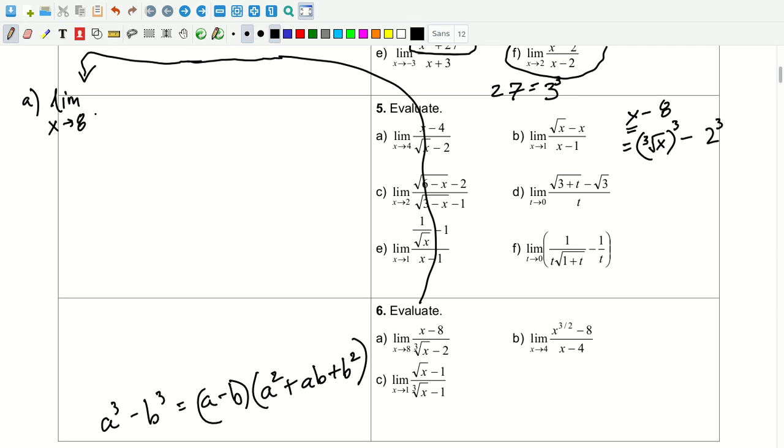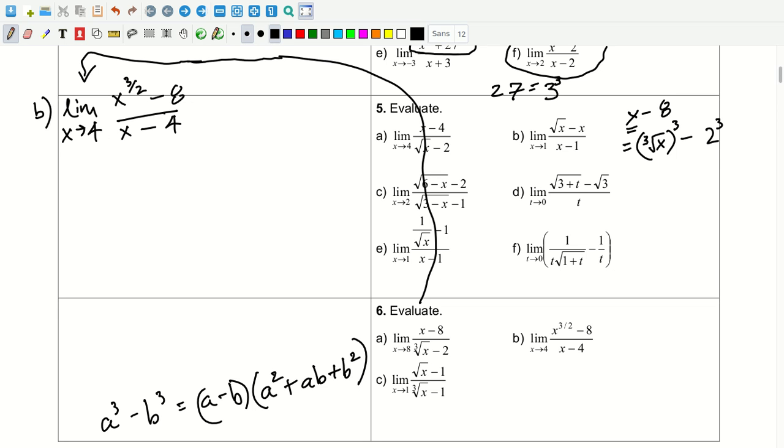So, okay. So let's see. That was A. Let's do B. So B, limit as x approaches 4, okay, x to the 3 over 2 minus 8, and then x minus 4 on the bottom. Okay, this one isn't as obvious as before.